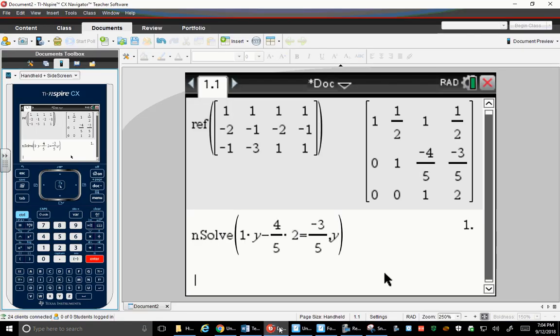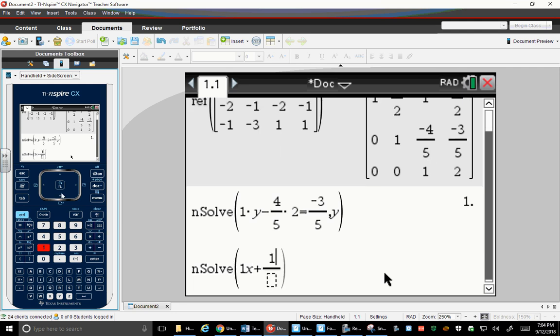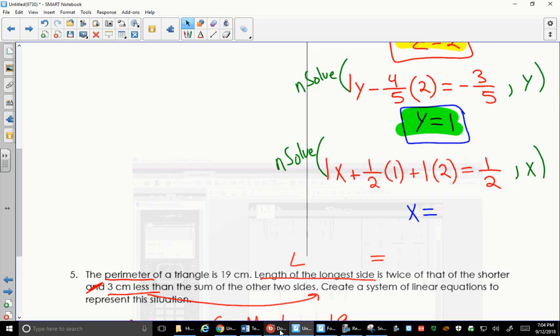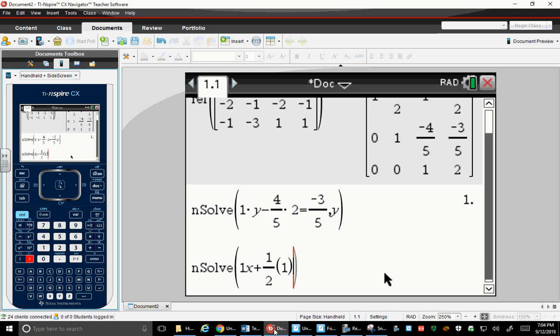What do we get? We haven't done it yet. All right. So menu 3, 1. All right, so 1x plus 1/2 times 1 plus 1 times 2, and it equals, I believe it was 1/2.